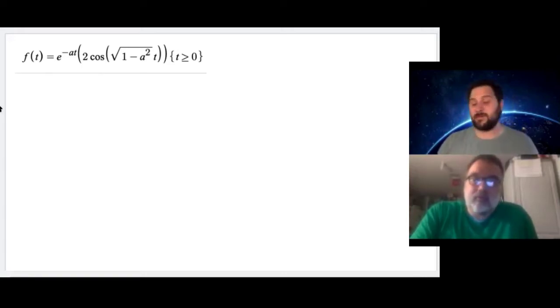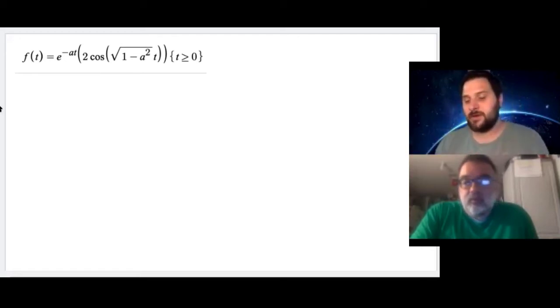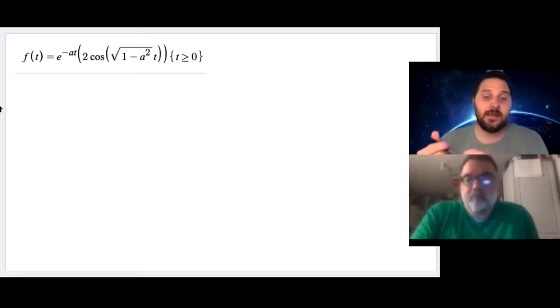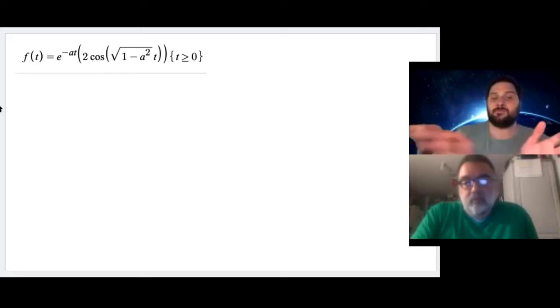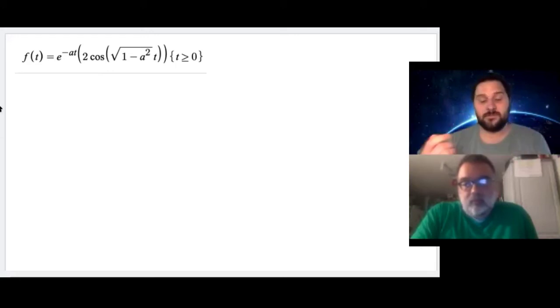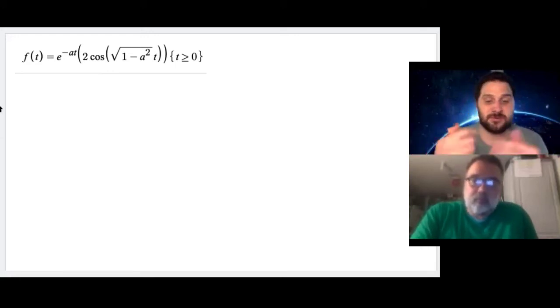If students aren't aware, a differential equation is an equation where the unknown is itself a function. The kind of function you get here is something like a spring going back and forth on a mass, but there's some resistance in it. That gives you an equation, and one of the cases looks like this.